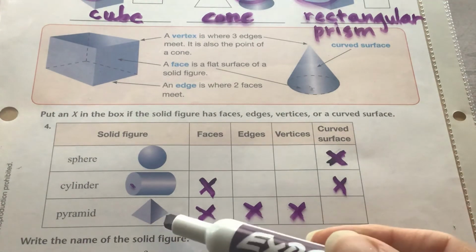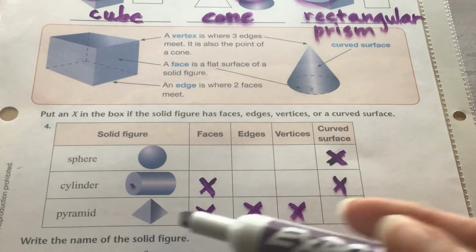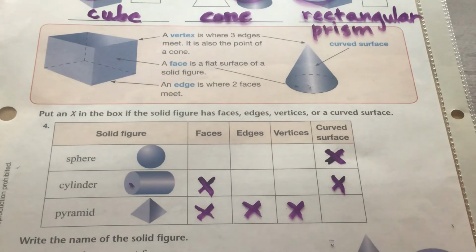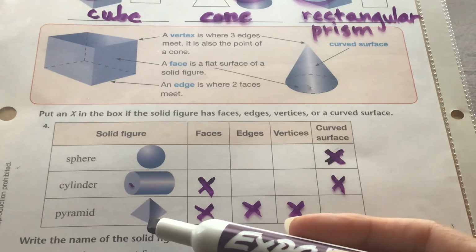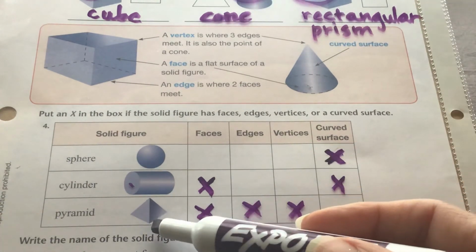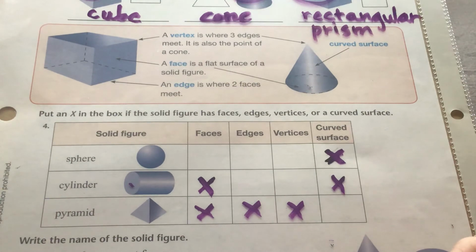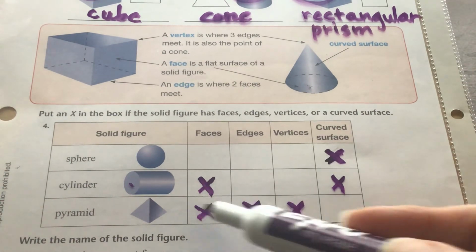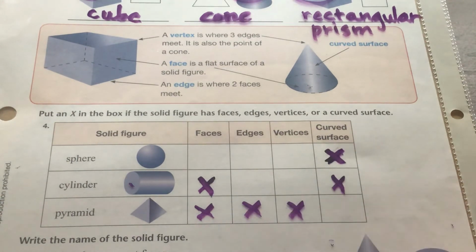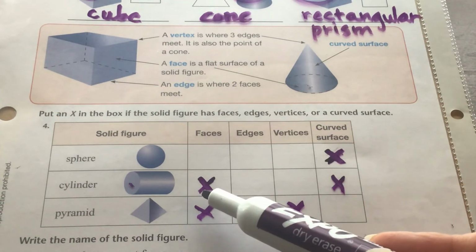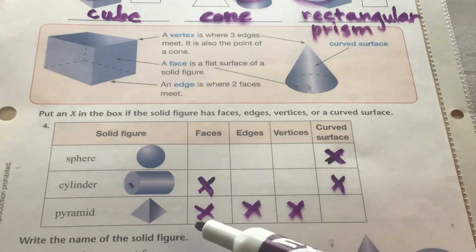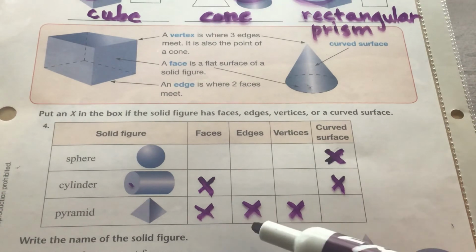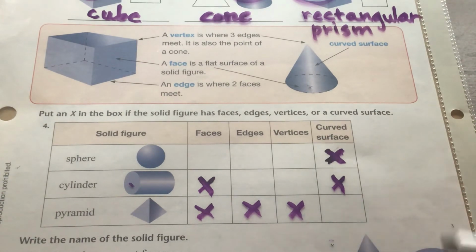So hopefully, if it's helpful, ask mom and dad to help you. You could probably find some things around the house. Maybe you have a set of blocks that you can pull out, and you have some of these shapes in there. Hopefully that really does help, especially when you're counting them. But here we don't need to know the exact numbers. We just need to say yes. A cylinder consists of flat faces and one curved surface, right? Pyramids have faces, edges, and vertices, and nothing curved.